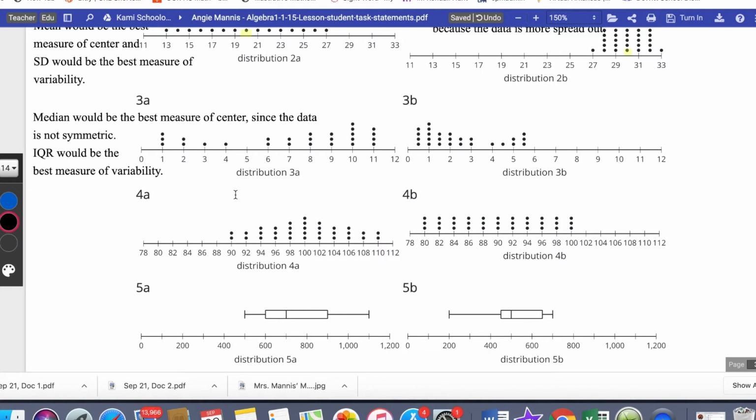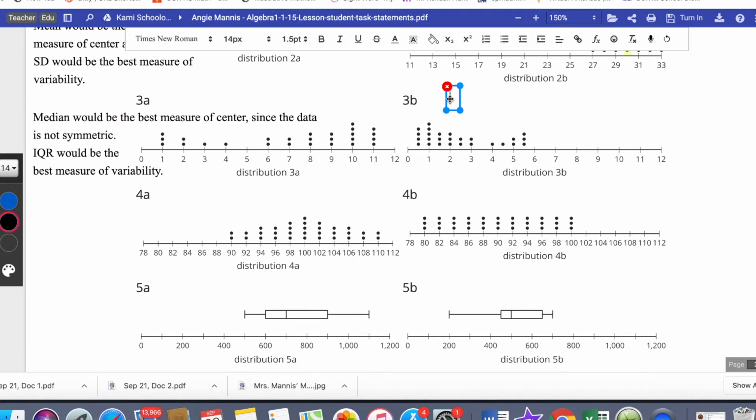Okay, so looking at where the center probably is, the largest number for 3B is 5.5. Well, the center of this data distribution, 3A, is probably going to be larger than 5.5. So that tells me that the median for 3A is going to be larger.